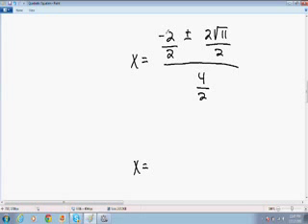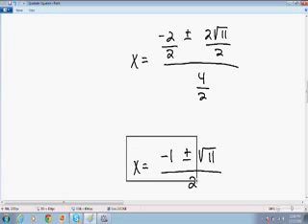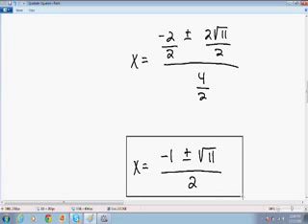Negative 2 divided by 2 is just negative 1, plus or minus 2 square root of 11 divided by 2. The 2's cancel out, so that just becomes the square root of 11. All divided by 4 over 2, and 4 divided by 2 is just 2. Now this equation cannot be simplified anymore. We have simplified it as much as possible, so this is our final answer.